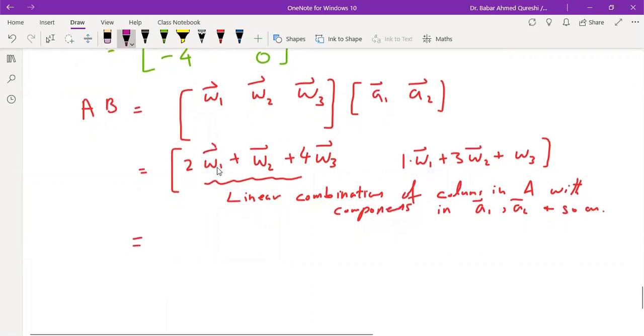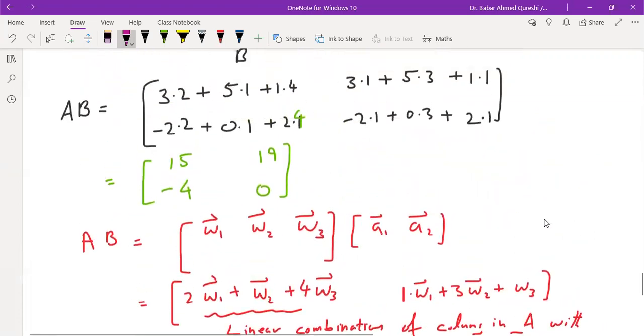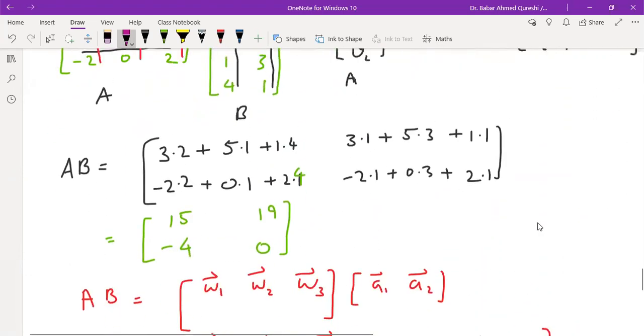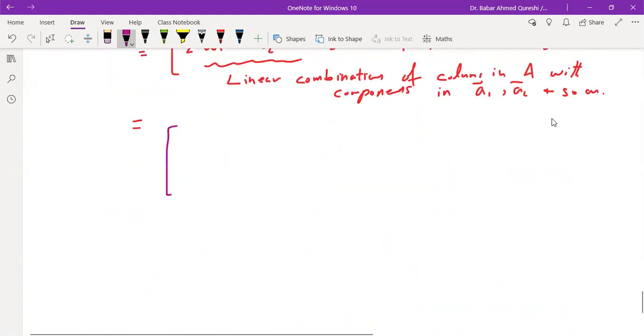So if I do that, I just have to make this linear combination. I can as well write the W's: W1 is 3, minus 2.